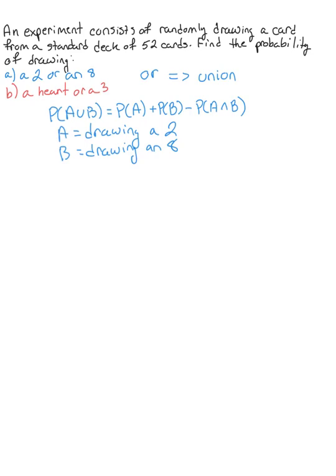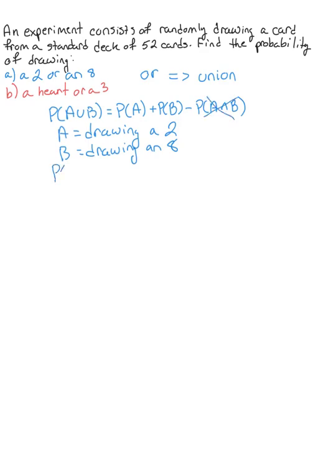The last term, the probability of A and B, would be asking: what is the probability of drawing a 2 and drawing an 8? Well, we're only drawing one card, so the probability of drawing both a 2 and an 8 while drawing one card is 0, because that can't happen.